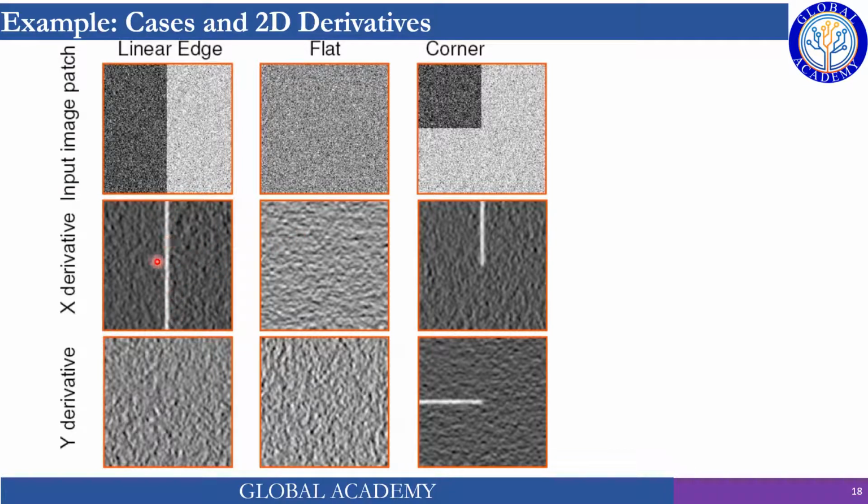In case of noise, we got nothing, and in case of the corner, we got just this line, not this line, because it's the derivative along the x-axis. So the edges along the y-axis are enhanced, and similarly taking the derivative along the y-axis, we got nothing in case of the vertical edge, and the same in case of the flat surface, but a horizontal line in case of this image.